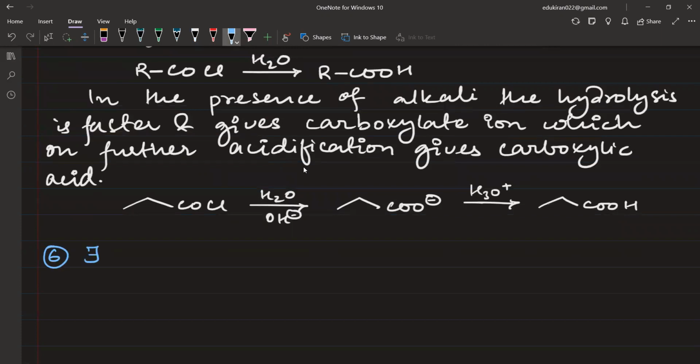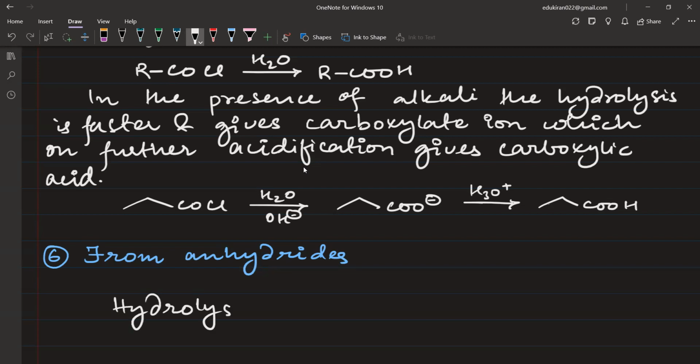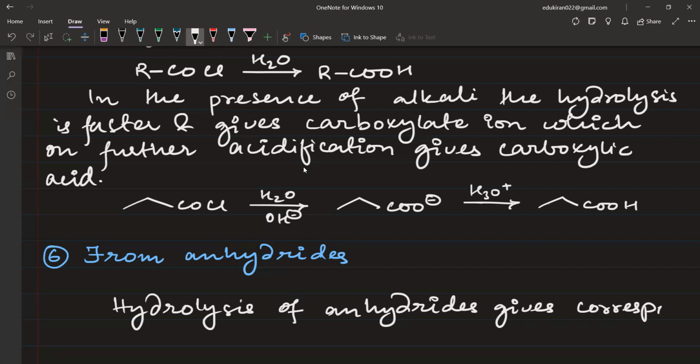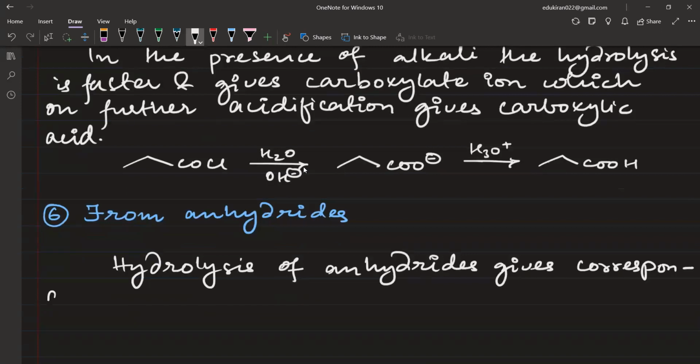Sixth लिखिए. From anhydrides, hydrolysis of anhydrides gives corresponding carboxylic acid.